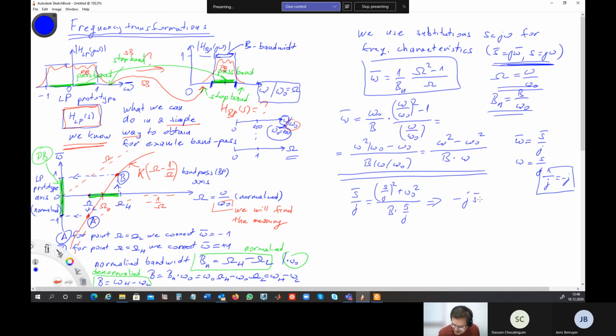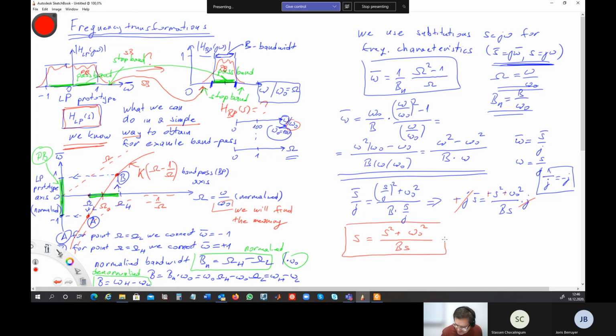Minus J times S is equal to minus S square minus omega 0 square over B S times J. Now J's are being deleted, and this minuses becomes plus, and at the end of our work we obtained this expression S square plus omega 0 square over Bs.